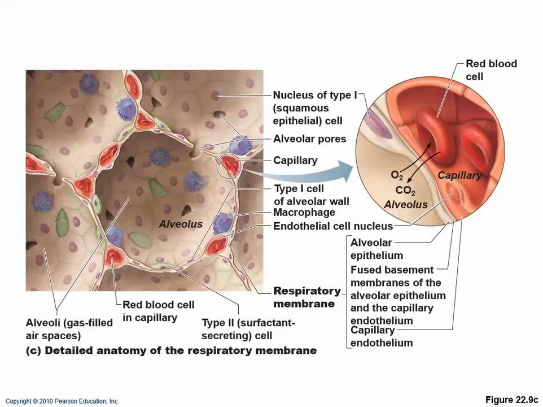I have a little demonstration that will make it all make a lot more sense. But the surfactant is used to break the surface tension of the water, and it's the surface tension of the water that makes the alveoli difficult to expand.